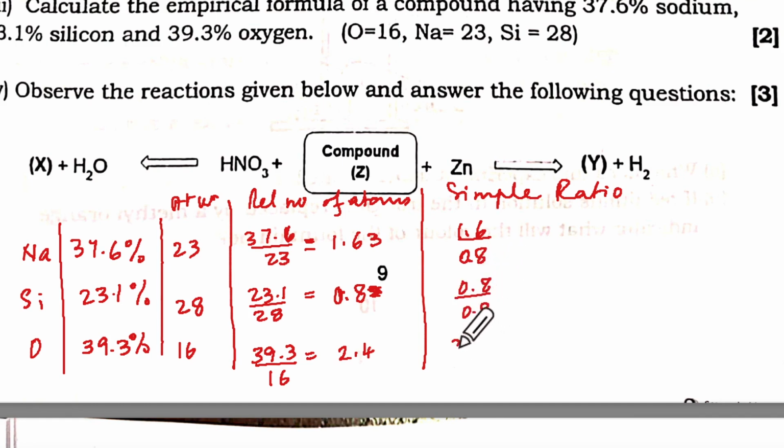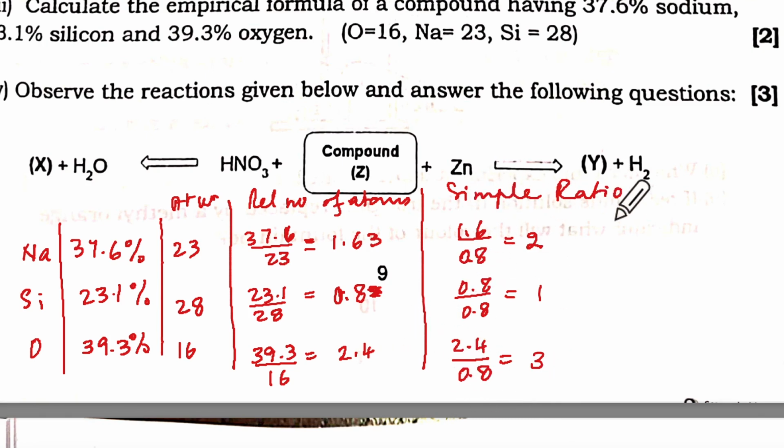You have to remember that these numbers are to be given as a simple whole number ratio. So do not write 1.63 divided by 0.8, then you will not get 2. You understood what is happening? Some of you write up to like 2-3 decimal places and then get totally confused.